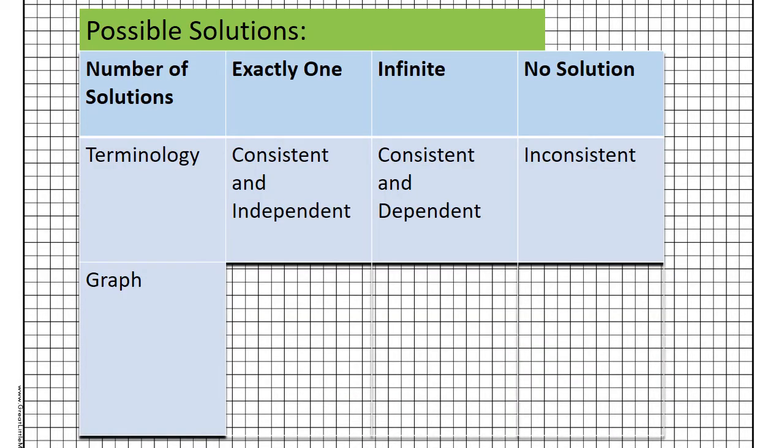First thing, let's talk about our different types of solutions. We can have exactly one solution, we can have infinite solutions, or we can have no solutions. And exactly one, what we call that in Algebra 1 is consistent and independent. And what the graph would look like for that, let me go ahead and draw my graph. This is what you should be drawing too. So here's your y-axis and your x-axis.